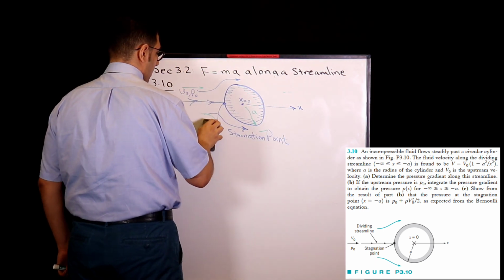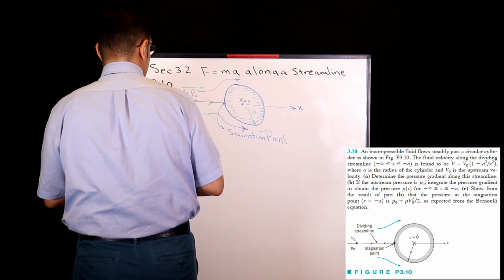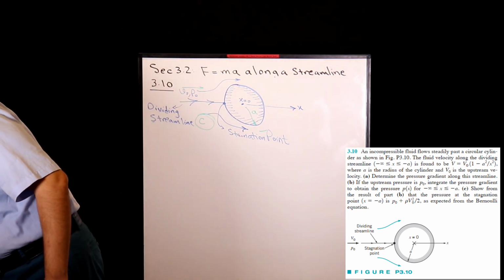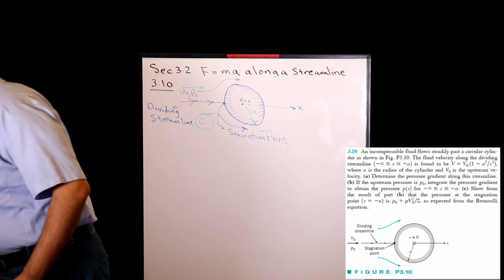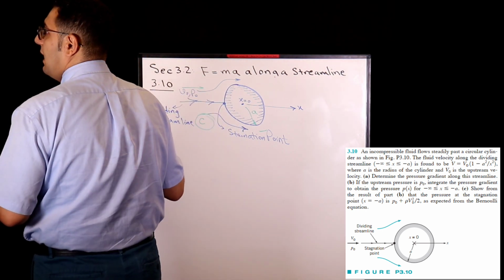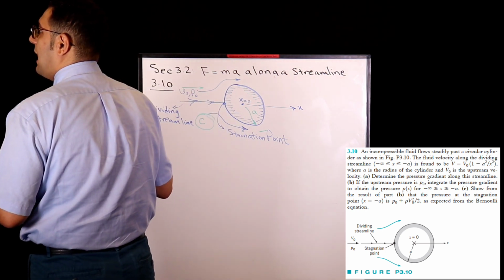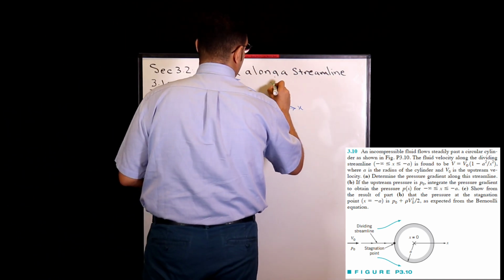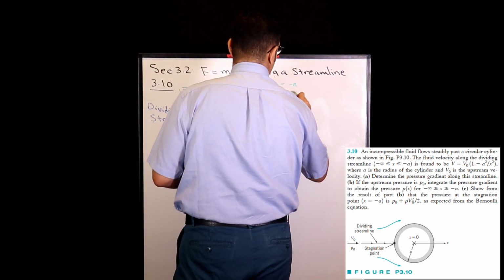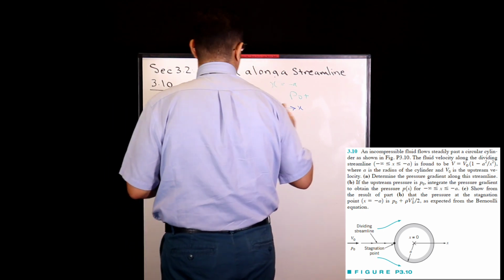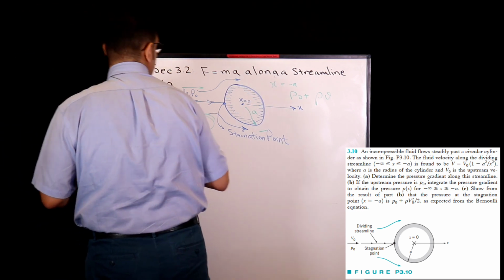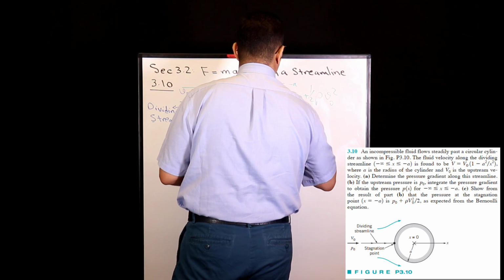Part C wants us to show, from the result of part B, that the pressure at the stagnation point, which is x equals minus a, is P0 plus rho V0 to the power 2 divided by 2, that is, one half rho V0 squared.